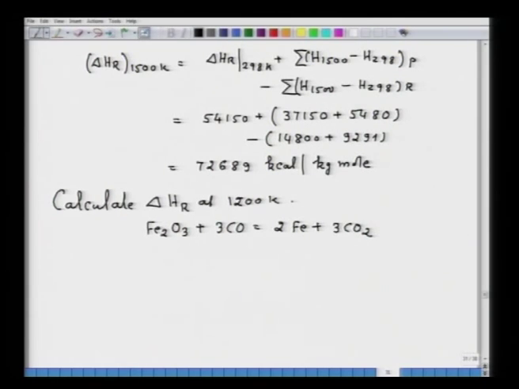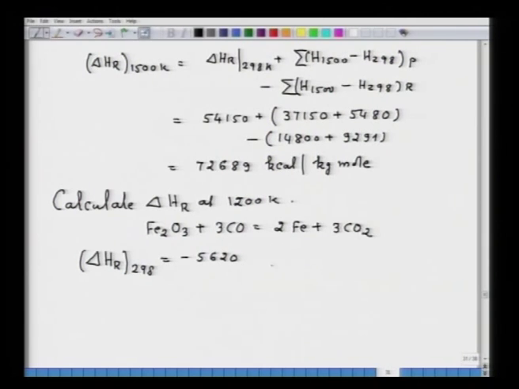In the earlier problem, we calculated for this reaction delta H R at 298, that was minus 5620. So, I straight away put down the value of delta H R at 298 that we calculated in the earlier problem, minus 5620. Now, you need certain values.